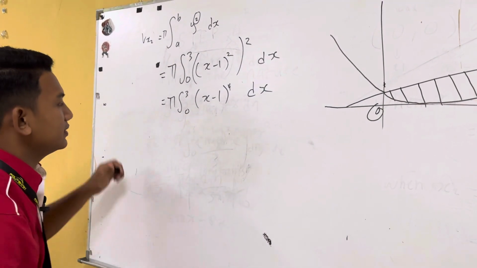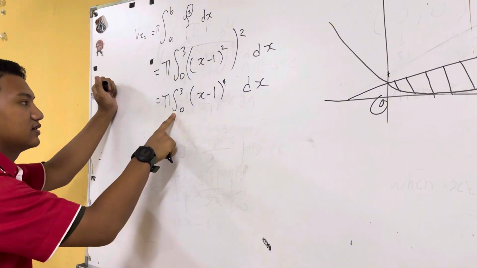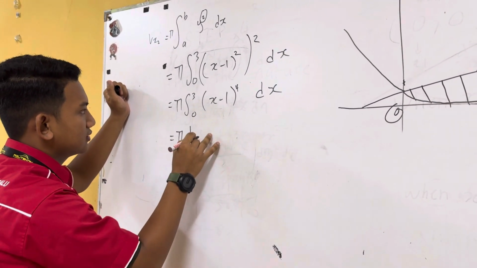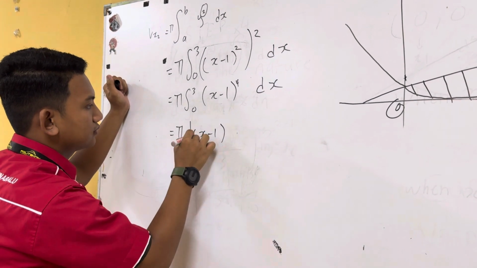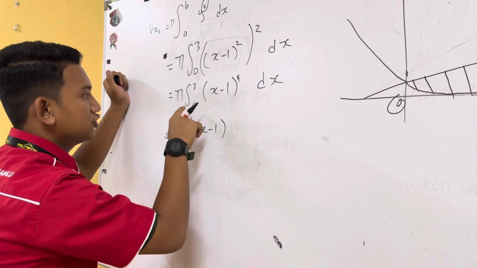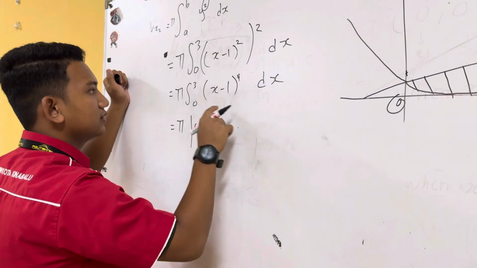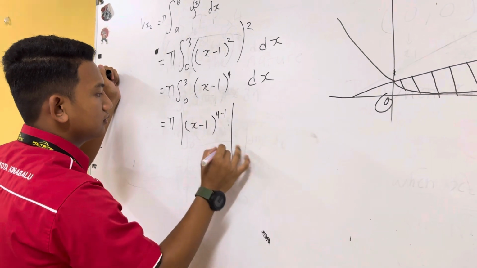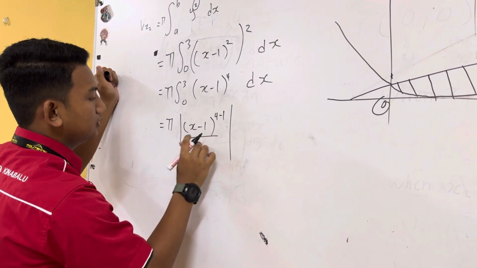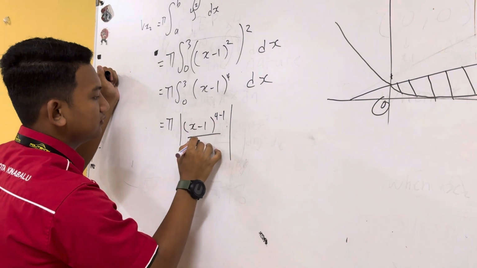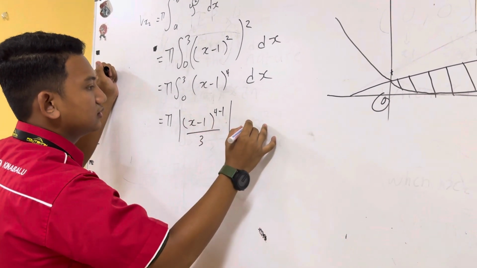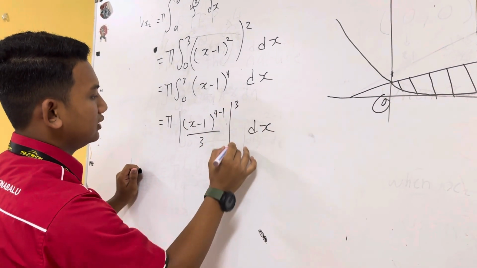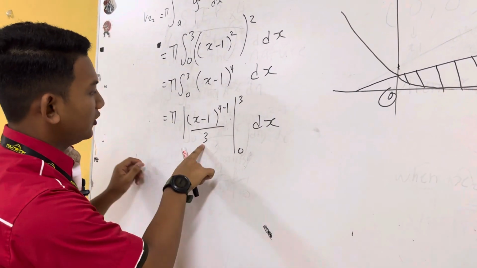Alright, next step is to integrate this. How we integrate, like this, and integrate this value. So x to the power 4 becomes x to the 5 divided by 5, and the value inside is 3. Why is this 3?